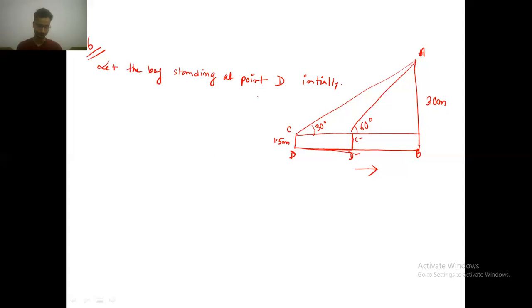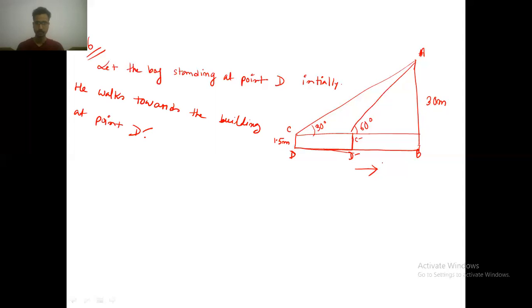Then write down, he walks towards the building at point D dash.